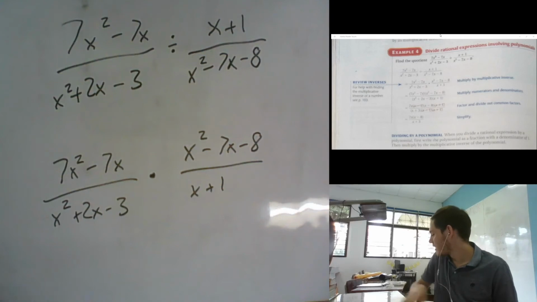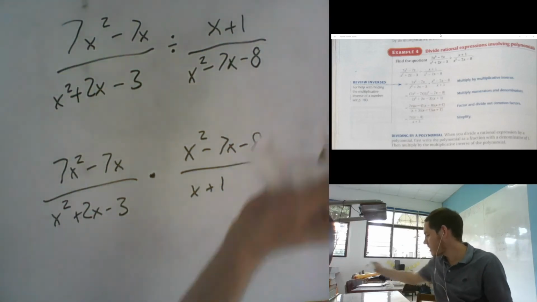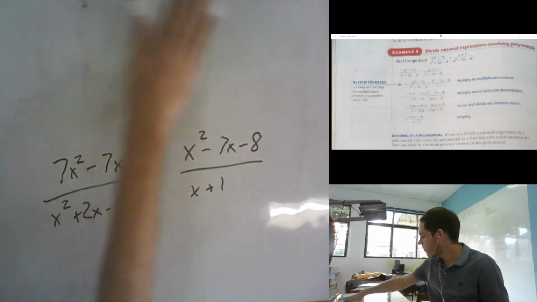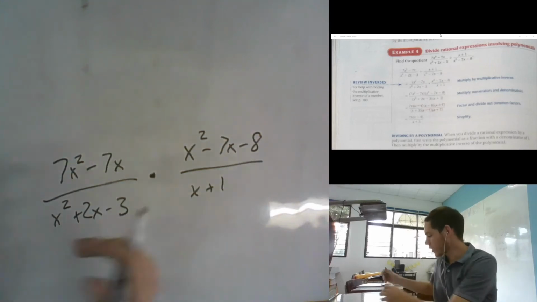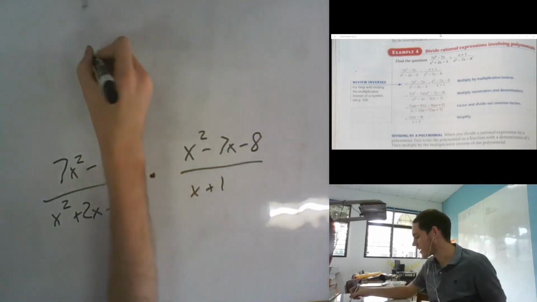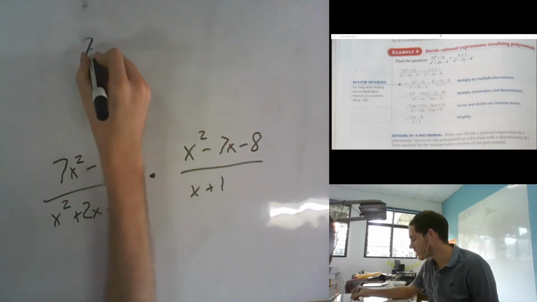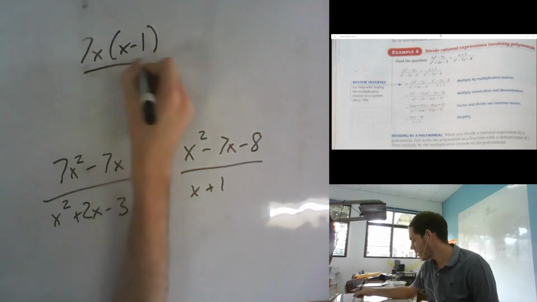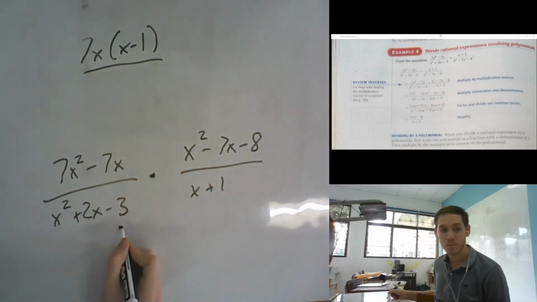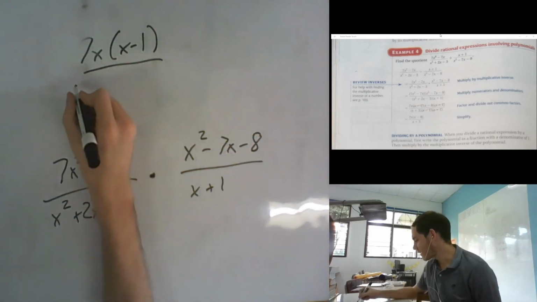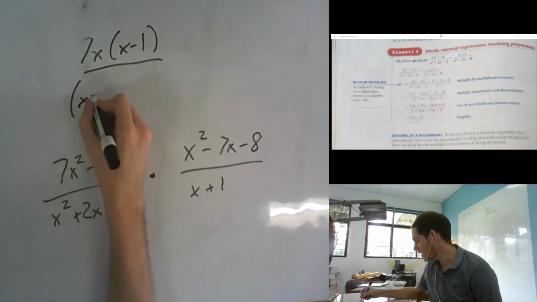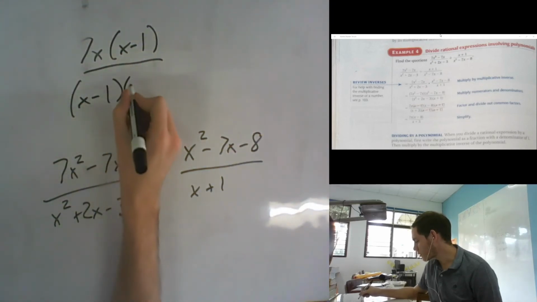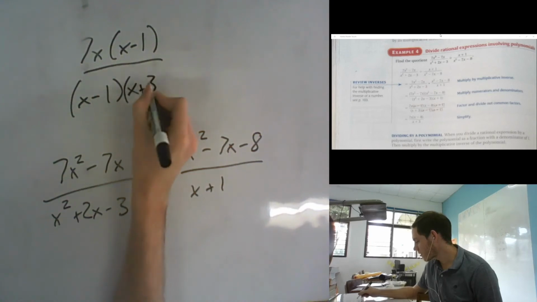Okay, so we're going to just factor these. When you factor them, what goes into both 7x squared and 7x would be 7x. We would get x minus 1. And the denominator, what multiplies into negative 3 and adds into 2, we get x minus 1 times x plus 3.